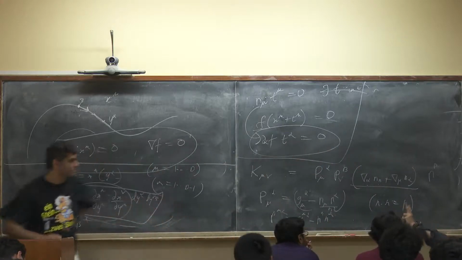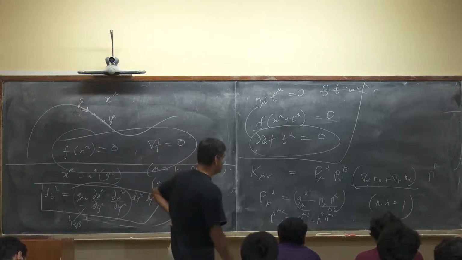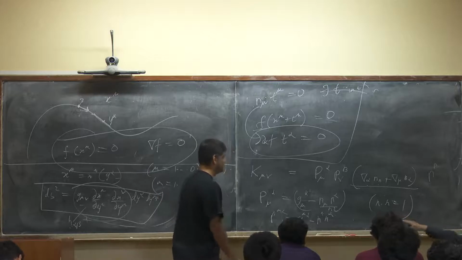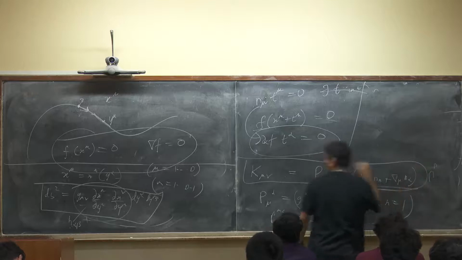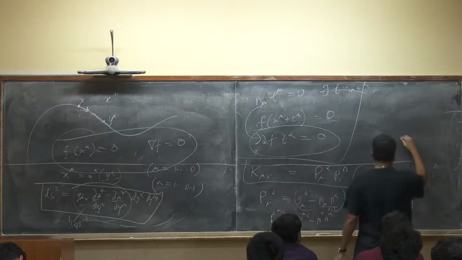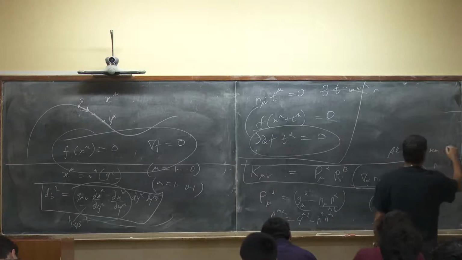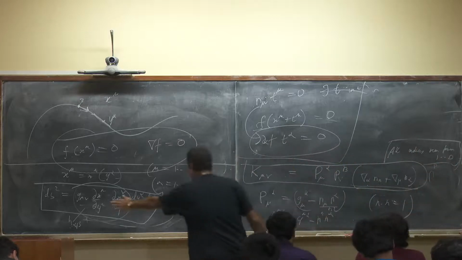Yes. K mu nu that lives on the extrinsic. Shouldn't it be K alpha beta then, because that's the property, and the indices run over D minus 1, right? Wait, at the moment in this formula here, all indices run over D. All indices run from 1 to D. I'm sorry if the betas may have confused you.